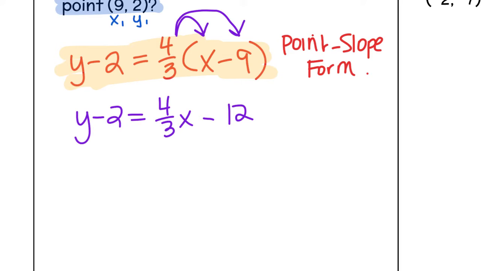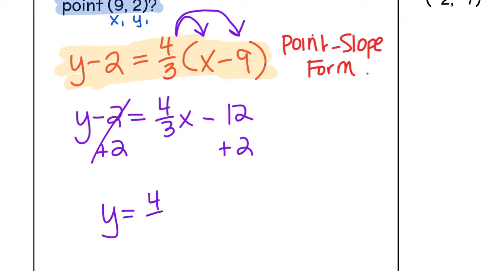Okay, and then next step is I want this y to be alone. So this -2, I need a way of moving it over to the other side of the equal sign. So we're going to use inverse operation. Since this one is minus, we are going to do the opposite and we are going to add. Do that to both sides. That'll cancel out on the left, so I'm left with just my y.